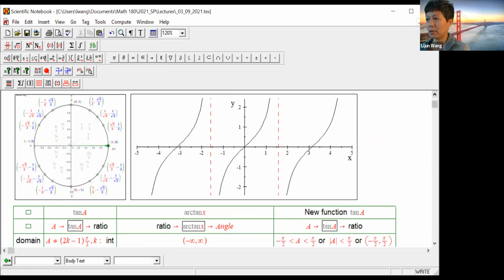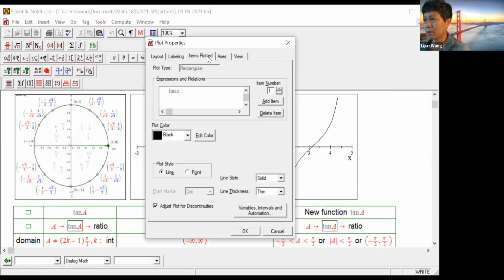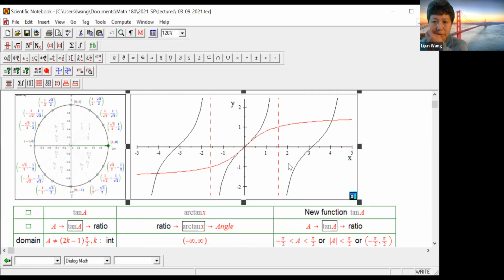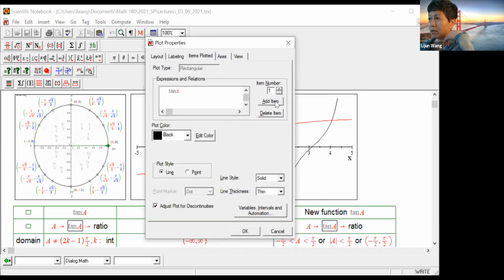So it's about time we bring it out, right? The red curve. And this red curve should have asymptotes, right? So can you draw those asymptotes for me?